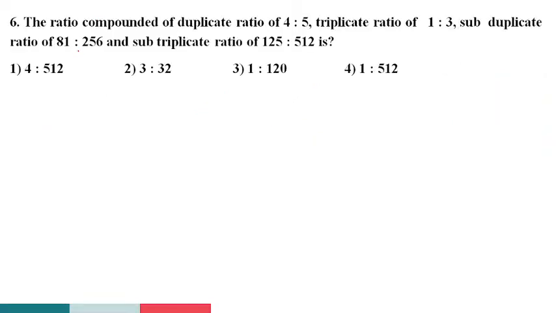The compounded ratio of duplicate ratio of 4 is to 5, triplicate ratio of 1 is to 3, subduplicate ratio of 81 is to 256, and subtriplicate ratio of 125 is to 512 is. Very good, అండి. Which option is the right answer, guys?